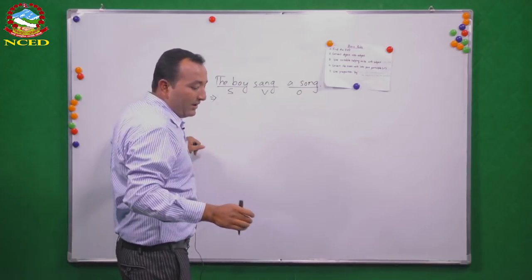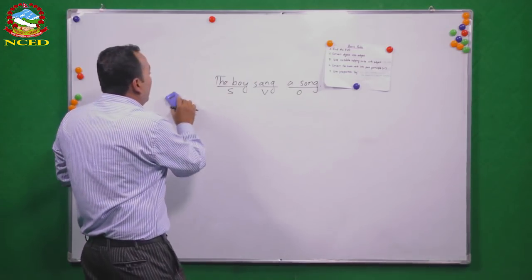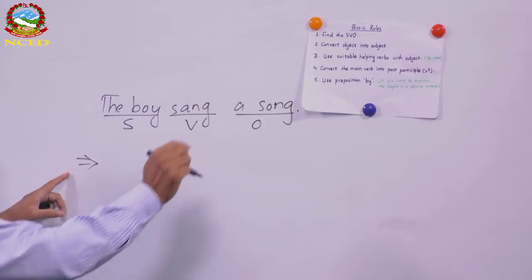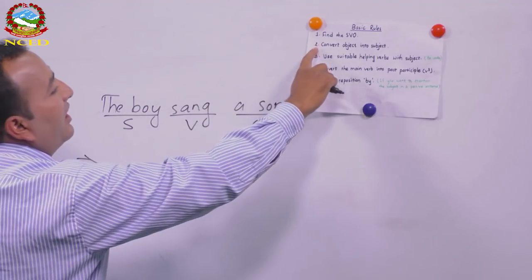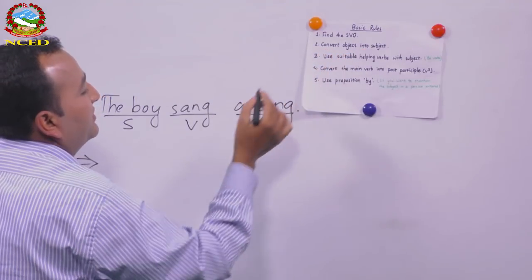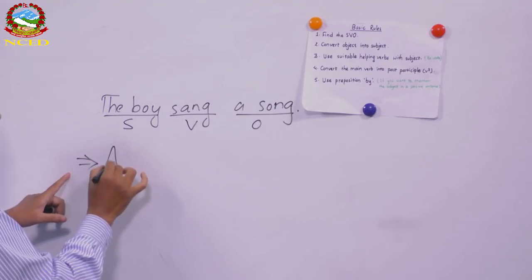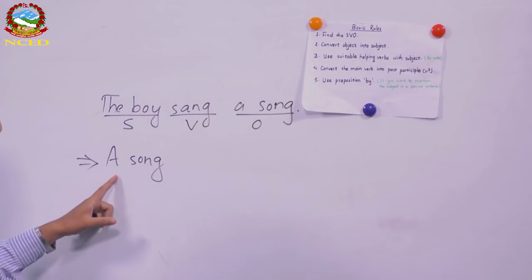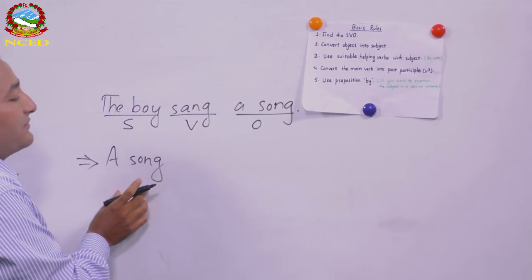Now, how we make it passive is, we have found it. The second thing we have to do is convert the object into the subject. This is the object, so a song is written at the beginning. So this is the first process.